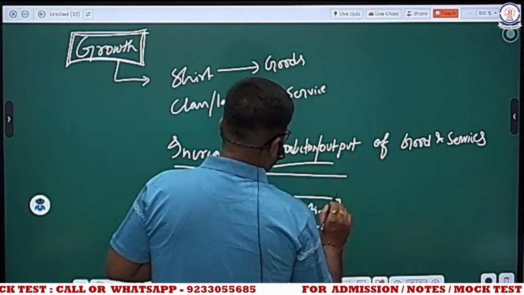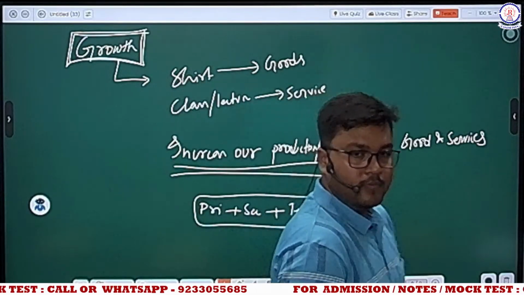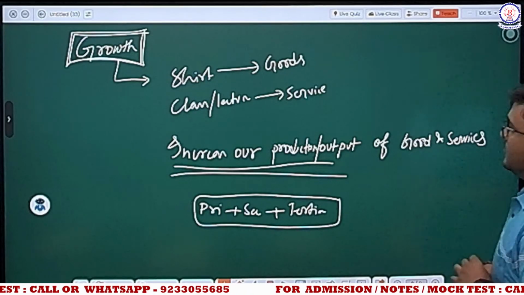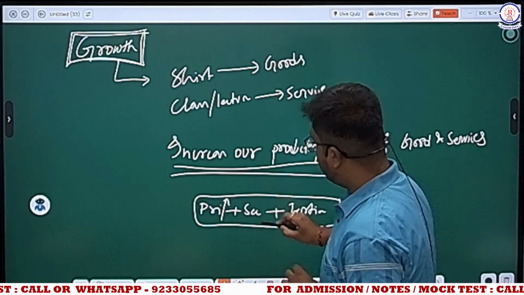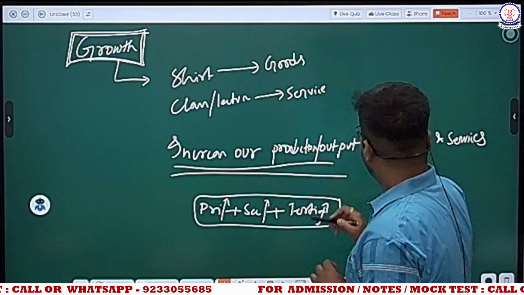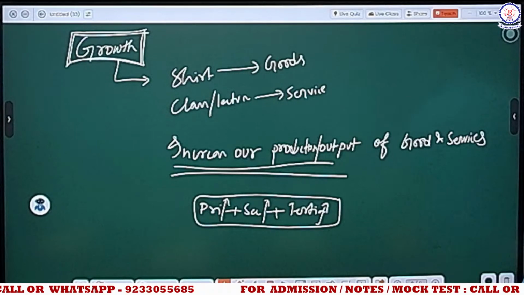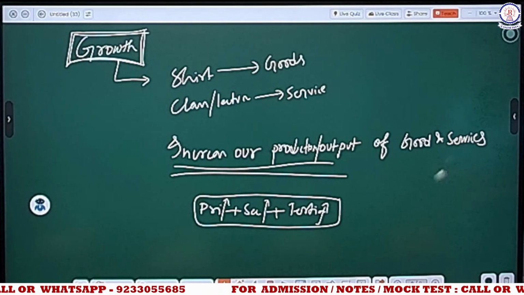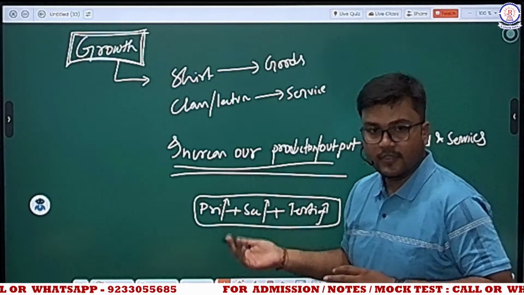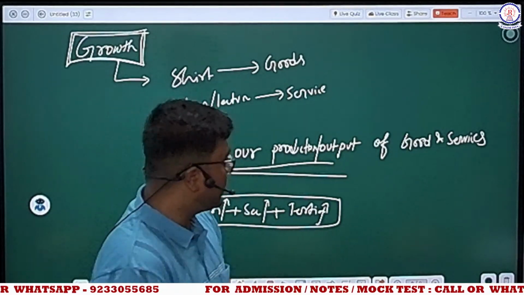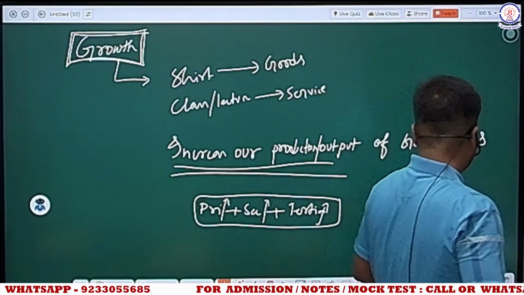All the sectors of an economy have to perform in sync with each other. All the sectors need to increase their production. So for growth to happen, we have to increase the production output of goods and services. In a sense, indirectly, we will increase our revenue or the monetary value of all the goods and services.